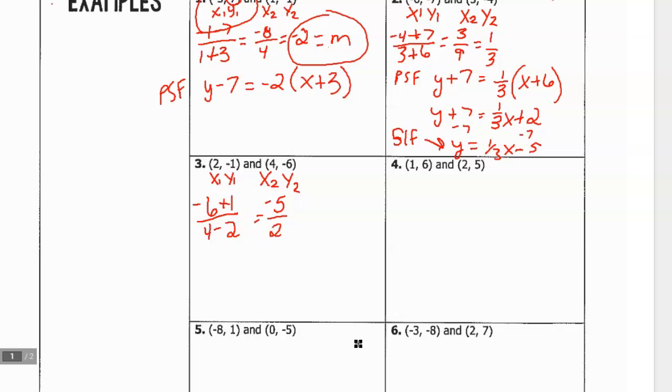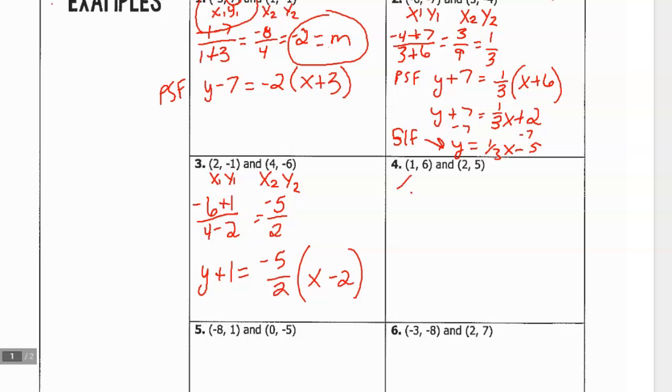And then I just go and on this one here, I told you just can stop with point slope form. So we have y minus y1, so it becomes a positive 1, equals my slope, -5/2 times x minus 2.